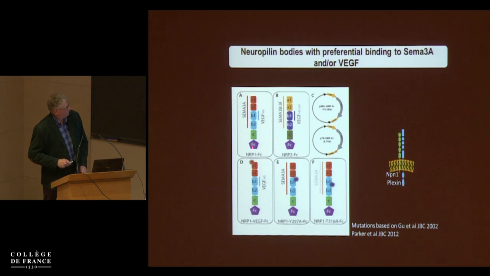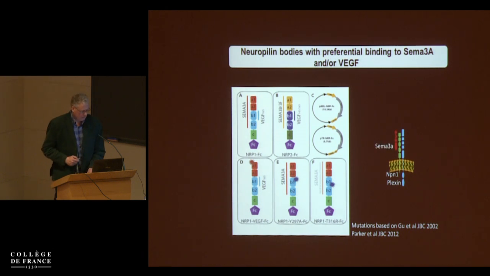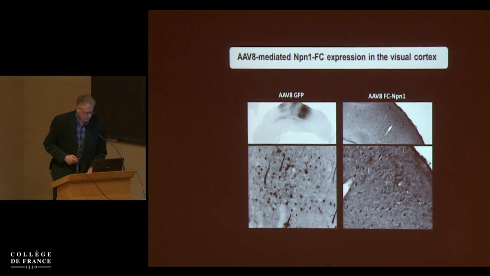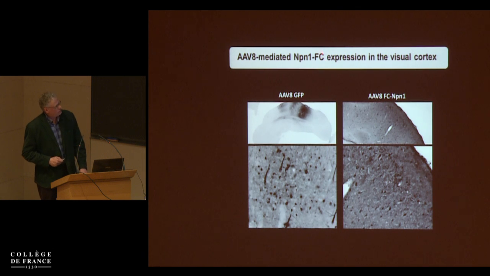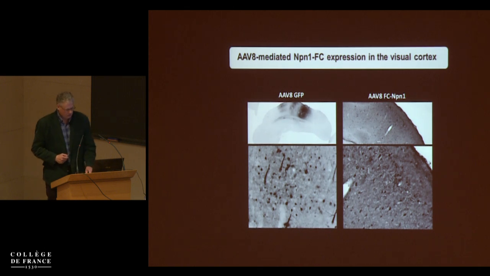So this is a receptor body that binds both SEMA3A and VEGF, but this is a receptor body that's specific for VEGF only, and this is a receptor body specific for SEMA3A only. And they are used as scavengers for SEMA3A. We cloned these receptor bodies in AAV vectors and expressed them in the cortex. That works quite well. This is GFP, and this is for the neuropilin-1 receptor body.